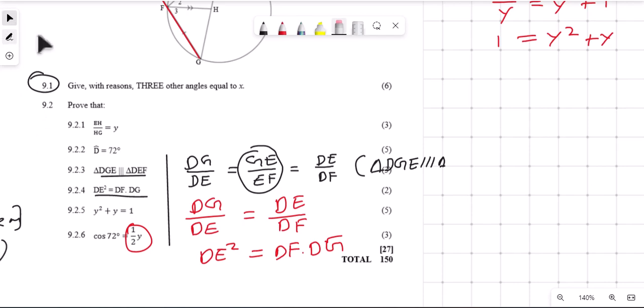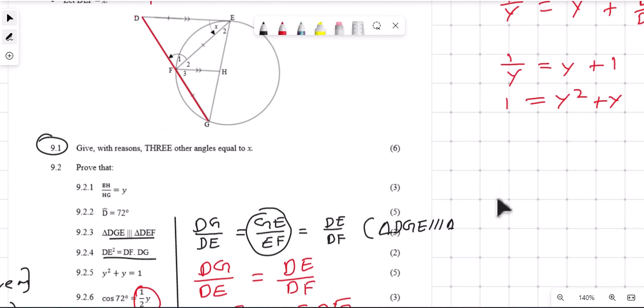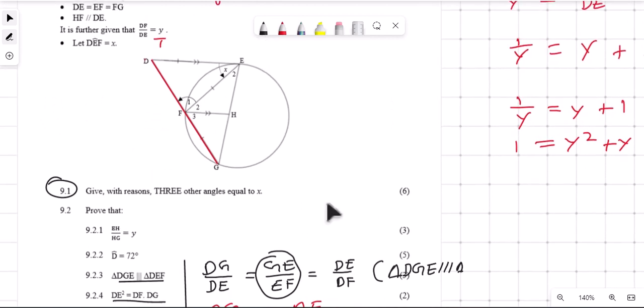So let's look at this angle. This is 72, is that correct? Yes. It's 72 degrees.